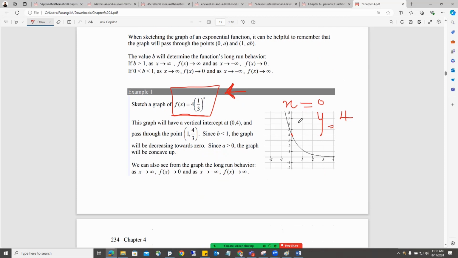Okay, you have already sent me the graph. Yes, that's correct. So now, for example 1, the graph will have a vertical intercept at (0, 4) and pass through the point where x equals 1, there we have 4 over 3.